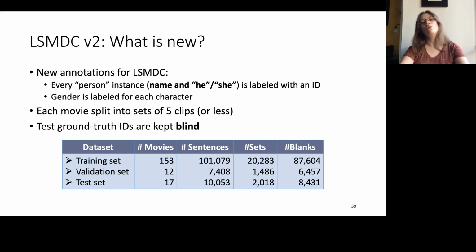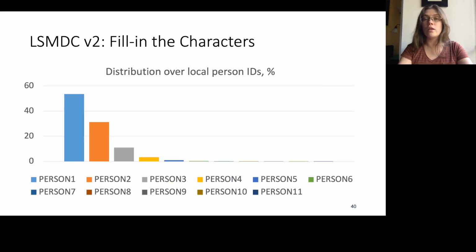And we focus on a local scenario, that is a short set of 5 clips, not a global setting where we want to tackle an entire movie. So we want to stick to this more general case of locally identifying within these 5 clips. So what sort of distribution do we have over the person IDs in these local sets?